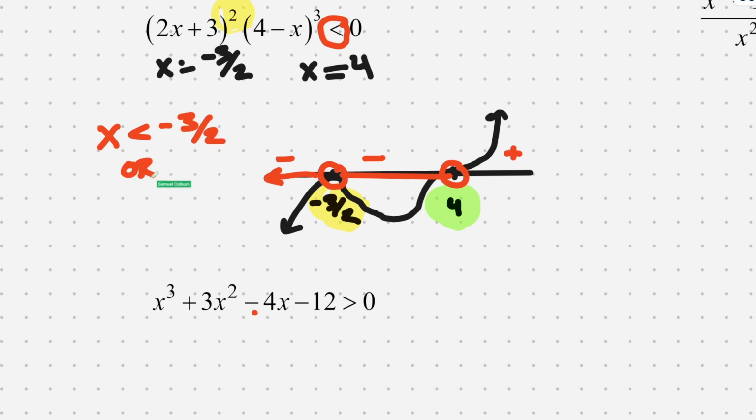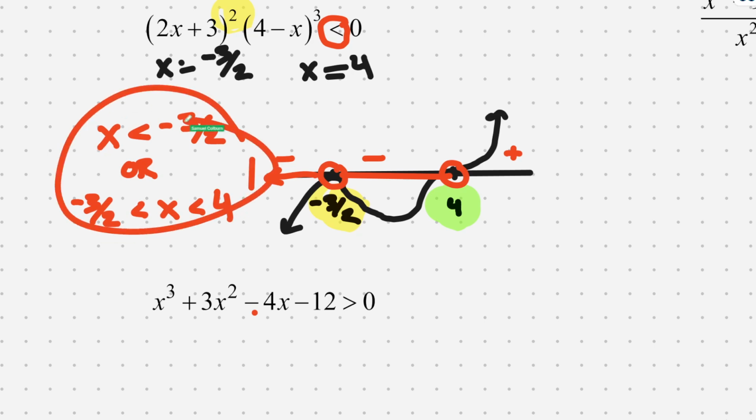Or if it's not to the left of -3/2, it needs to be between -3/2 and 4. If this were a strict inequality, the answer would be a lot simpler. It would just be everything that's less than or equal to 4.